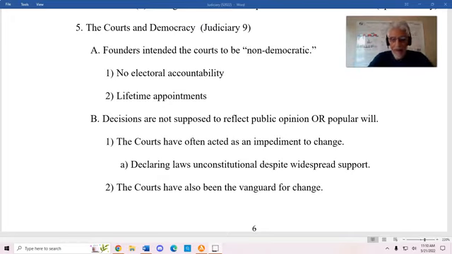And as a result of that, the courts have often acted as an impediment to change because there's no accountability.